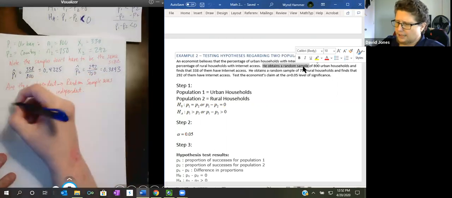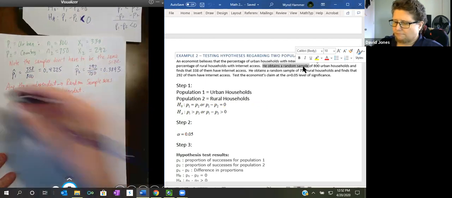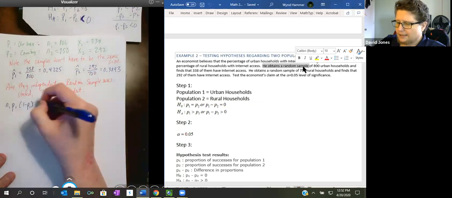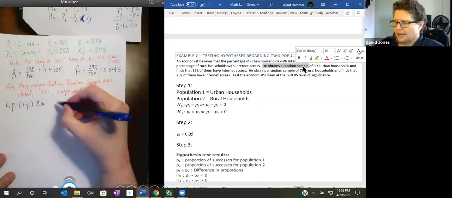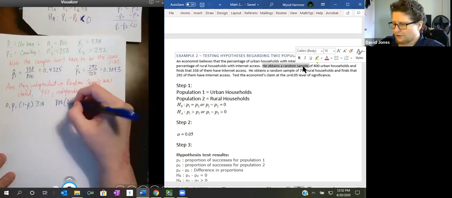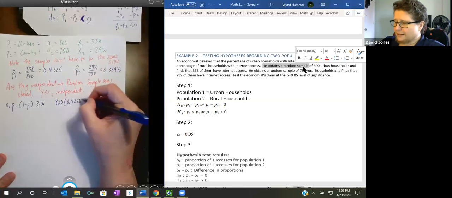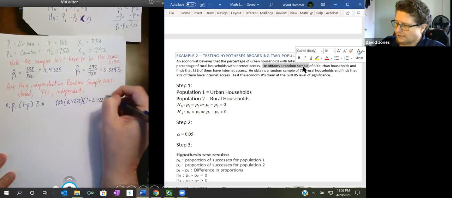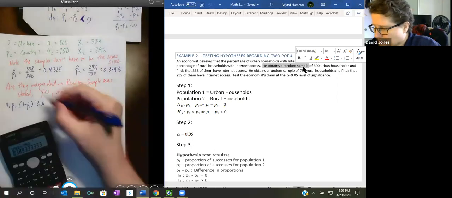Then we have to check N1 P1 times 1 minus P1. Is that greater than or equal to 10? I've got 800 times 0.4225 times 1 minus 0.4225. What do I get for that?